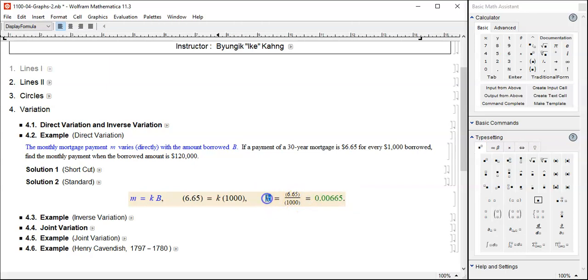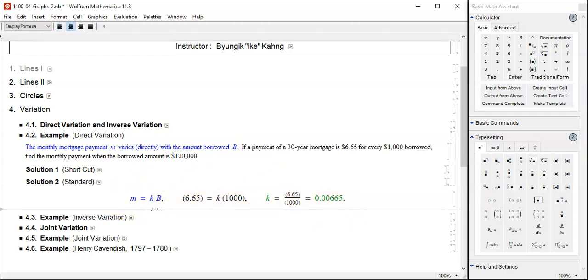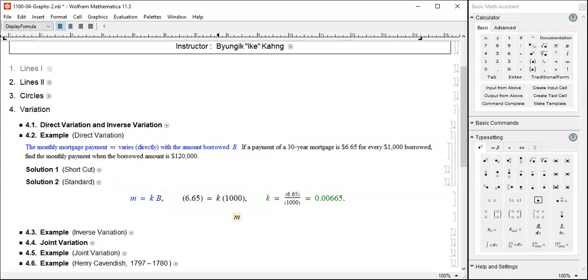Now remember, why did you find out this k value? Because this proportional equation is the correct equation, yes, but it's not usable because I don't know what this is. That's why I did this computation and found that k. Plug this in, now this equation will be completed. We're going to get something that can be used.